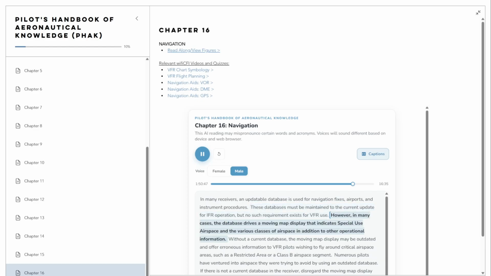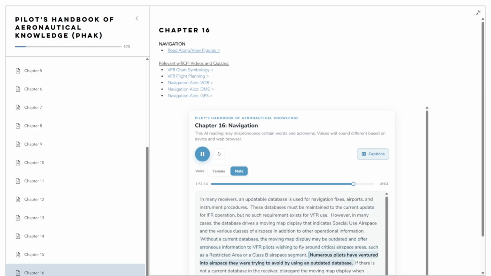However, in many cases, the database drives a moving map display that indicates special use airspace and the various classes of airspace in addition to other operational information. Without a current database, the moving map display may be outdated and offer erroneous information to VFR pilots wishing to fly around critical airspace areas, such as a restricted area or a Class B airspace segment.